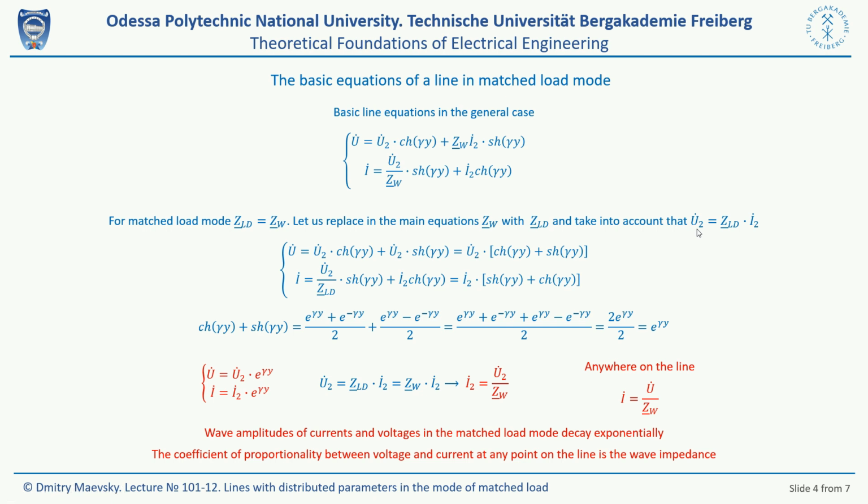Taking this into account, the basic equations can be rewritten as shown here. Note that the sum of hyperbolic sine and hyperbolic cosine of the product of gamma and y is simply equal to the exponential of this product.